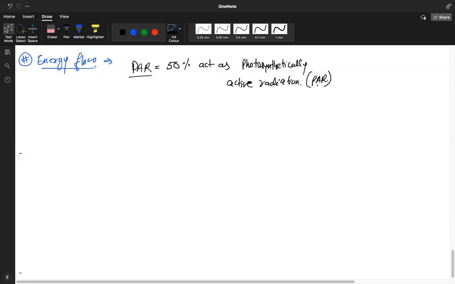Okay, they have different ranges. They don't absorb in the whole spectra. So that's called PAR, and that's why that is just less than 50%. And as we know, there are two kinds of food chains. So energy flow happens through food chains.